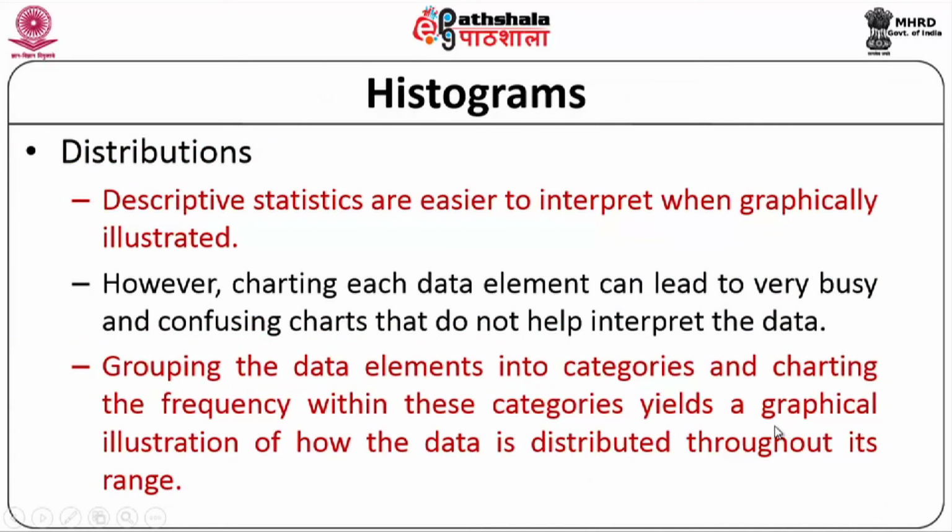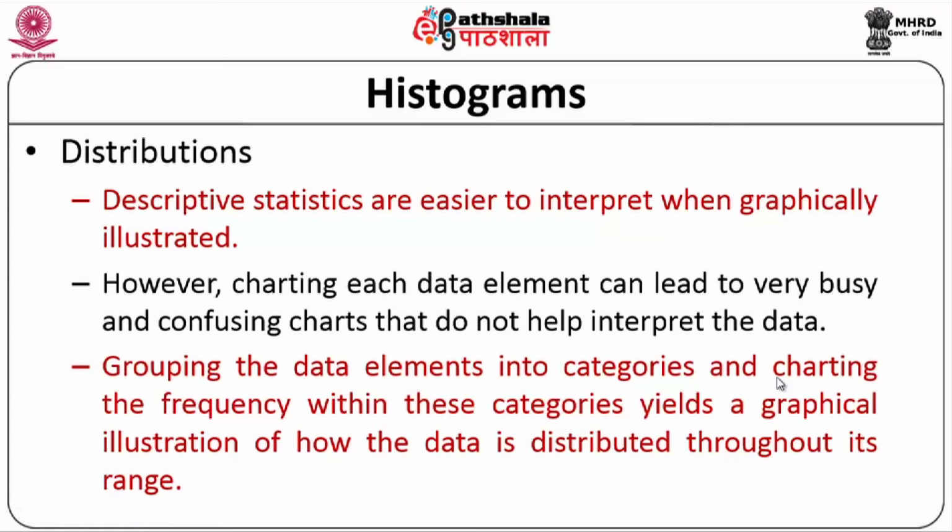The next type of metric which may be used for analyzing the distribution of data is histograms. Now, where are histograms applicable? Suppose you have a very large data set, and in the data set you find large data distributed over a varying scale.